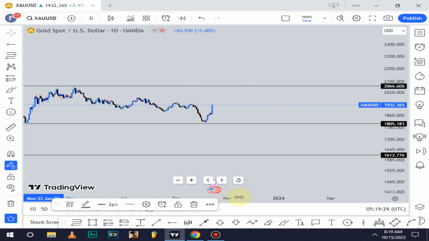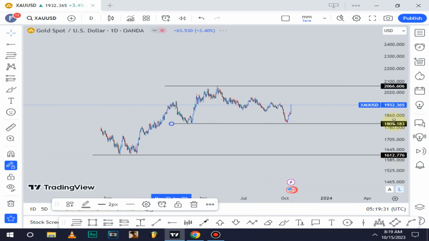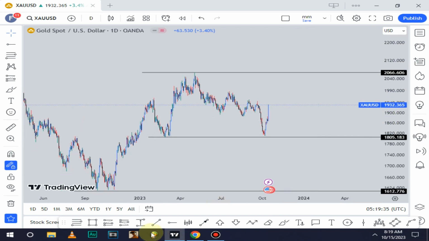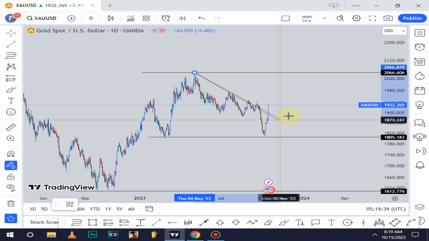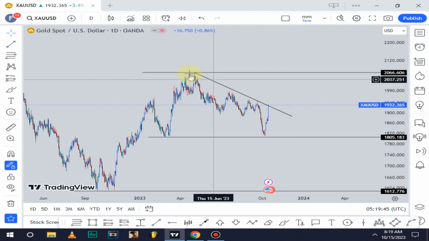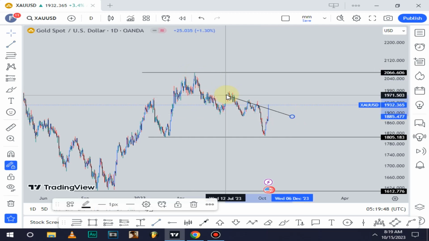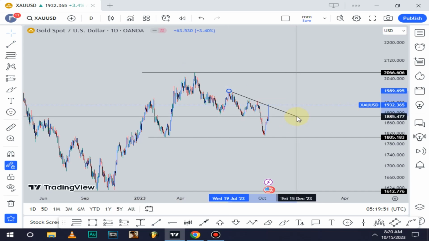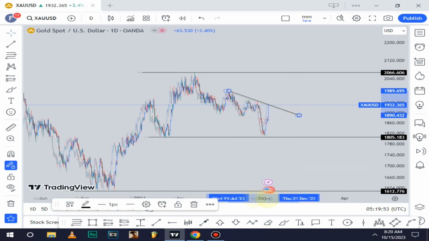Okay, on the daily we can see we had some sort of a downtrend over here. 1, 2, 3. Let's just use the immediate 1, 2, just like that.